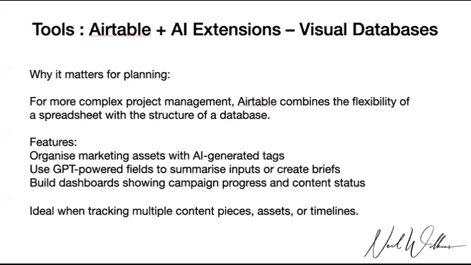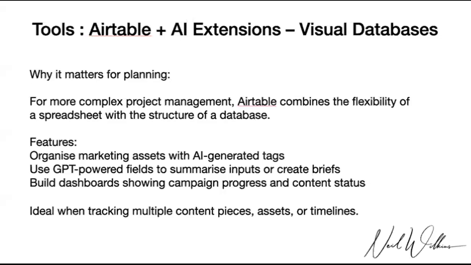So for this more complex project management style, you can also use visual databases. So something like Airtable and AI extensions can help you combine the flexibility of a spreadsheet, for example, with the structure of a database. And this is ideal when you want to track multiple content pieces, assets, or timelines. So the next level on, beyond a typical Trello card approach.